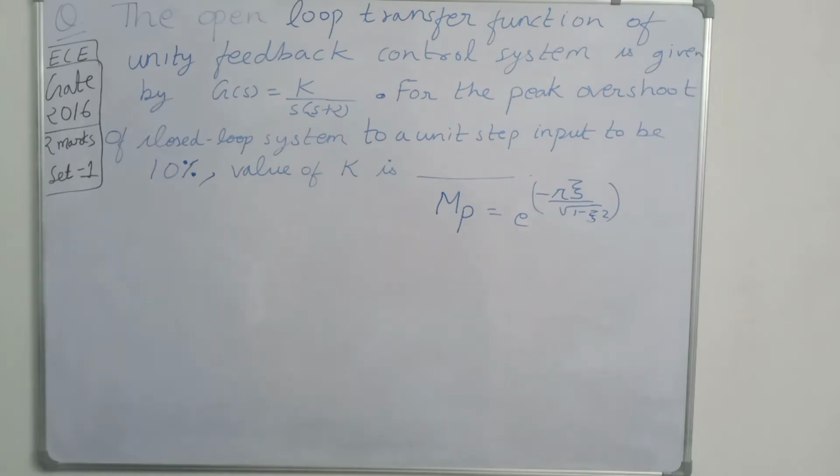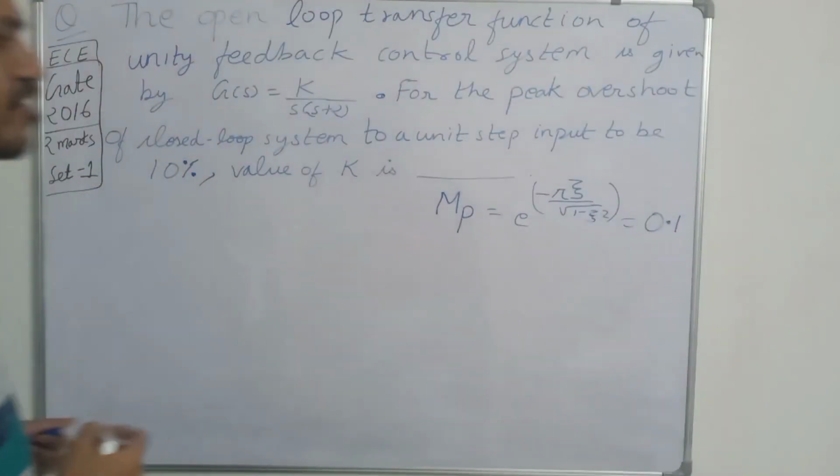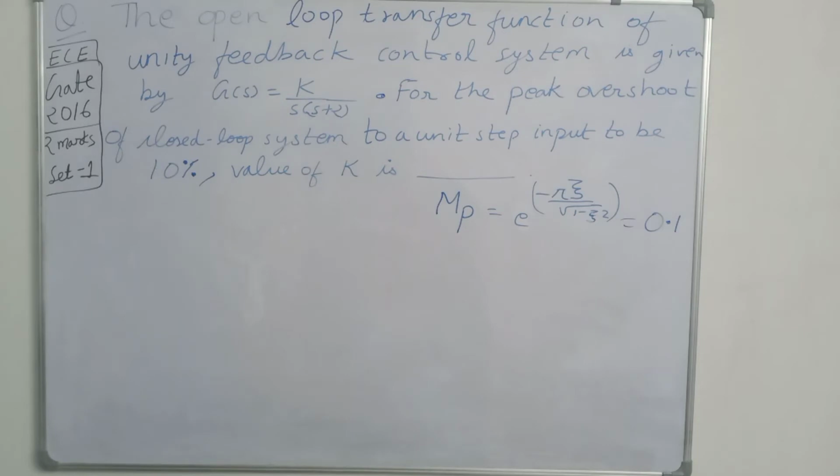It is given to us as 10% or 0.1. So first we have to find the value of zeta.